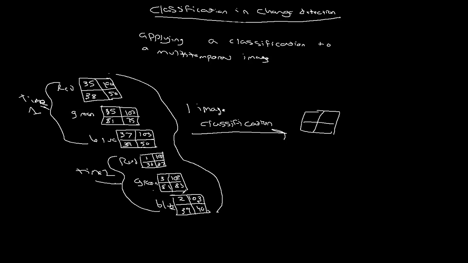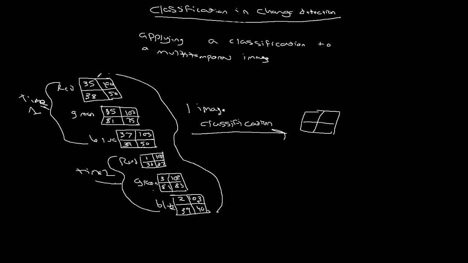So if you remember back to this idea of map-to-map comparison, when we had a classification for time 1 and a classification for time 2, we were like, oh, it was urban in this case, it was vegetation in this case, we made a map class. Well, we're going to be doing something similar here, but we're actually going to be doing the classification directly from the raw reflectance values.